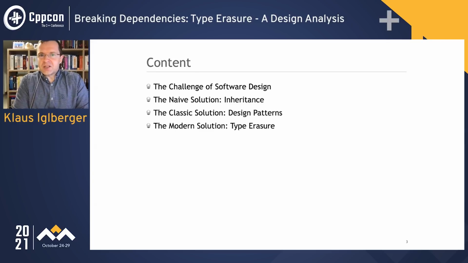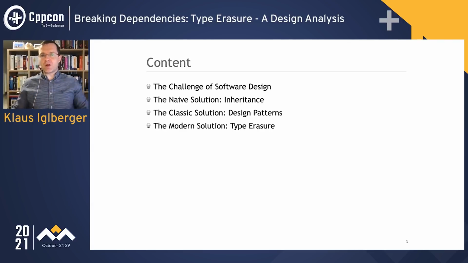However, many of these talks very quickly dive into implementation details, and are lost in the tiniest details of how to implement type erasure. Virtually none of these talks is talking about the thing that I feel is most interesting: why type erasure actually helps you to break dependencies. From a software design point of view, this is the most important aspect. So this is what I want to do in this talk.